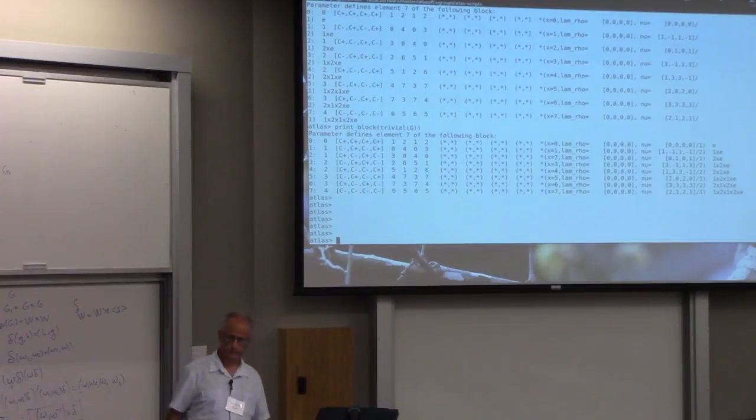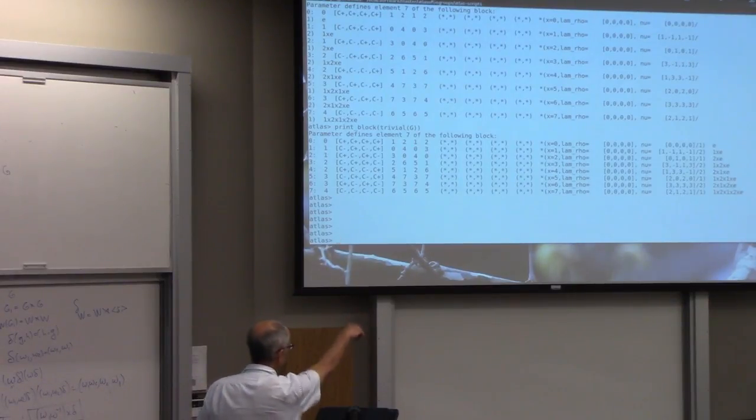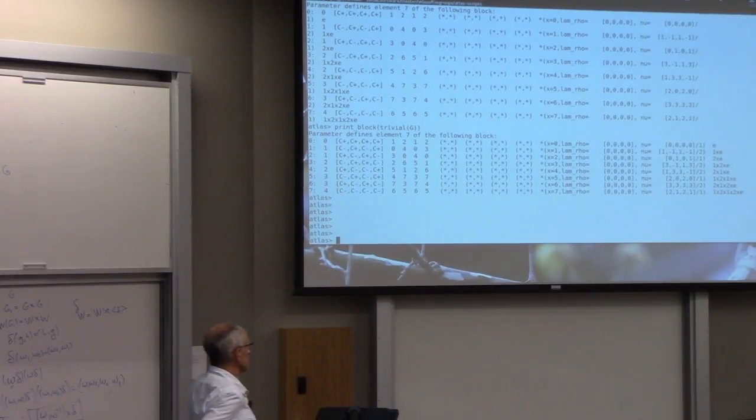You can read that. So if you look at the end there, ignore the E. That's the list of Weyl group elements in the Weyl group of type C2.